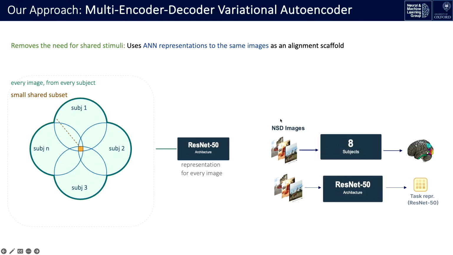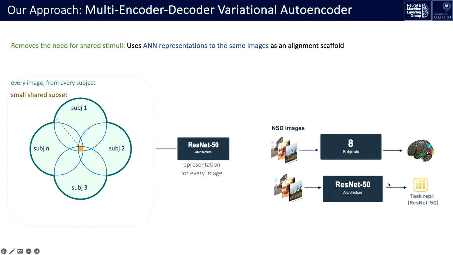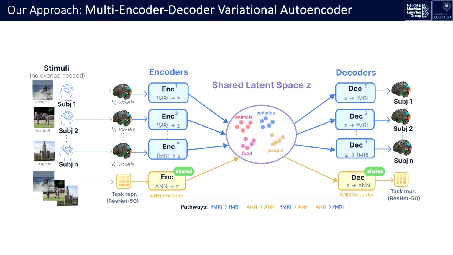So basically for each image we have the non-overlapping fMRI activities of 8 subjects, and we have the full coverage of these corresponding to ResNet activations. So basically we will try to align each subject to the ResNet instead of each other, and then implicitly achieve cross-subject alignment.